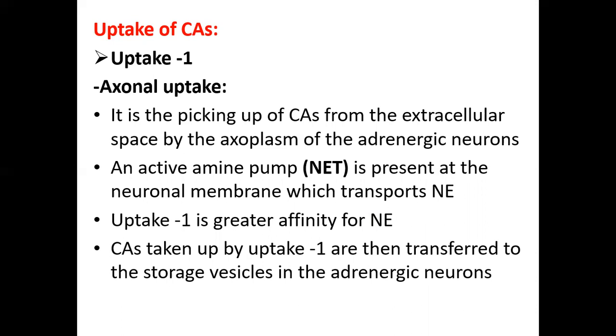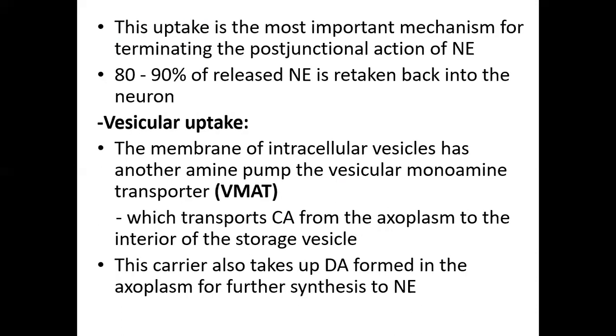Uptake 1 has greater affinity towards norepinephrine, and catecholamines taken up are then transferred to the storage vesicles. This uptake is the most important mechanism for terminating the post-junctional action of norepinephrine. Nearly 80 to 90% of the released norepinephrine is retaken back into the neuron.